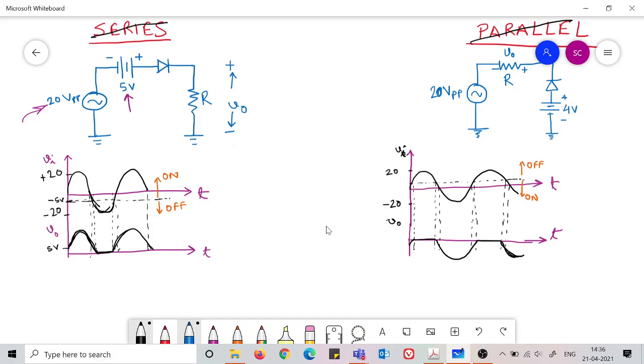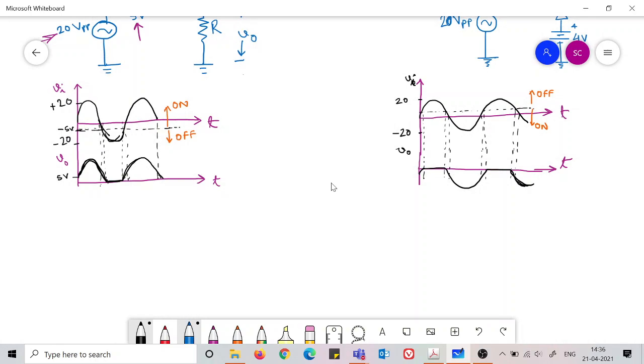Once you identify that, you need to see the output voltage in the forward bias region and in the reverse bias region. Remember, the output voltage is not the voltage across the diode. It is the voltage across the load resistance for most problems you will face, but V0 can be set anywhere in the circuit, so it depends on how the question is set.